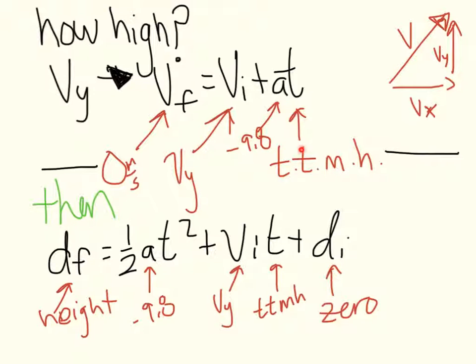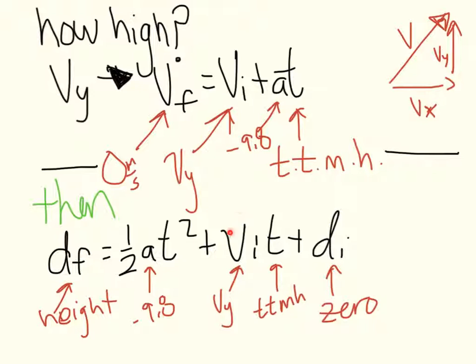So we have calculated how long it takes to get to its maximum height. We plug that value in for t, and we figure out how high it goes. So this is vertical position. Okay, so this still is dealing with vertical motion, not horizontal motion.